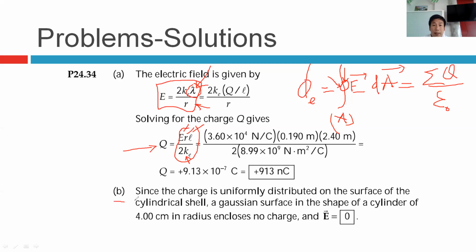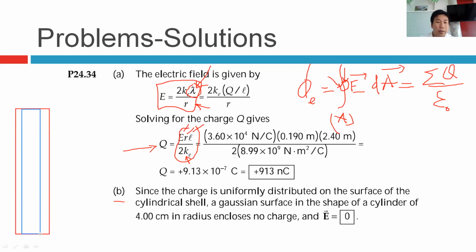But for question B, I think this way is better. Here is the cylinder, and here is the point you need to find.